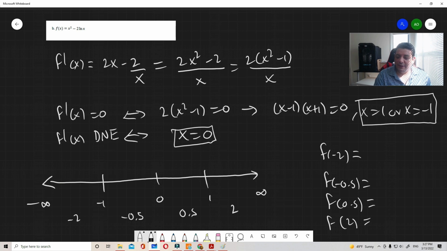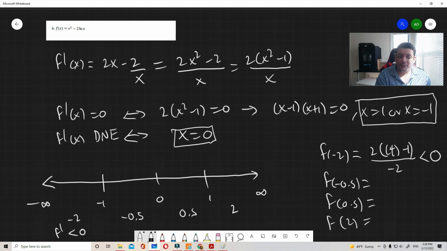So this is a negative number, and I'm going to get 2, and over here I'm going to get a 4 minus 1. So this is very positive, but over minus 2, that's going to be a negative number. So I can know that f prime here is going to be negative.